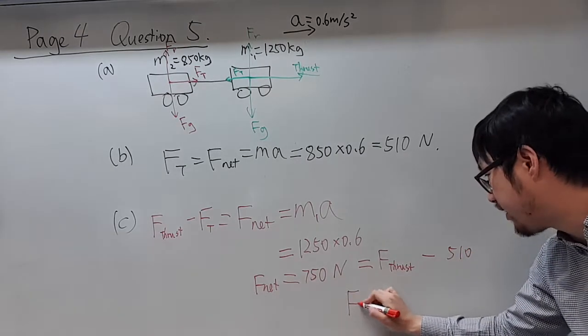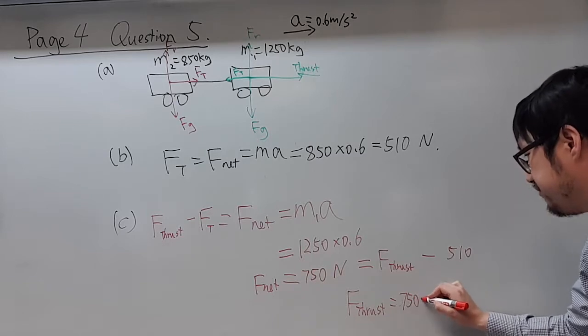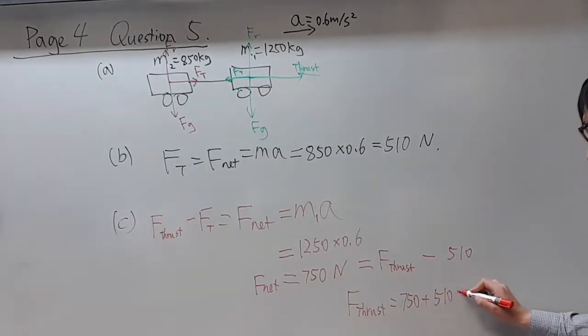So now my thrust force will equal 750, move that to the other side, add 510. That will give me 1,260. Does this make sense?